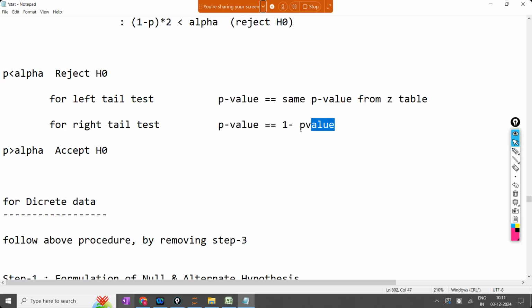Whatever P value you have received from the Z table, 1 minus P you have to apply. Is the point clear?